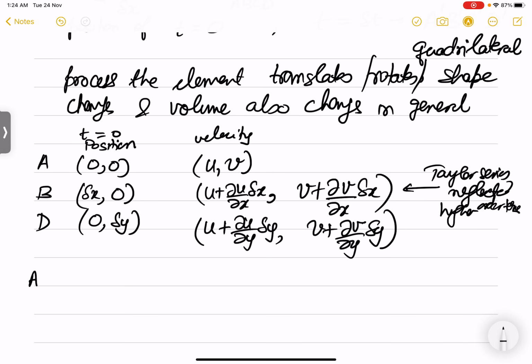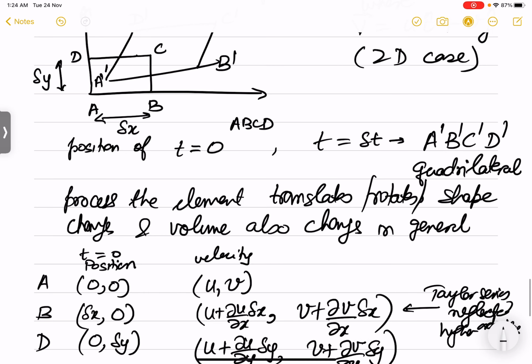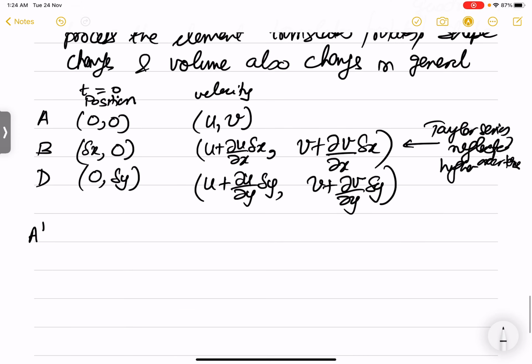Now, when I want to find the coordinates of point A prime, the velocity is u comma v. So the x component of point A will have moved u delta t.